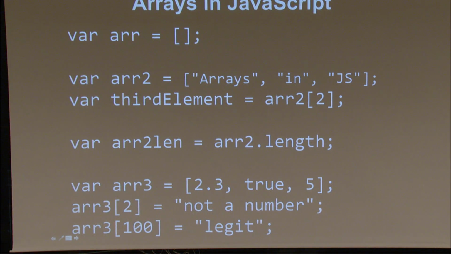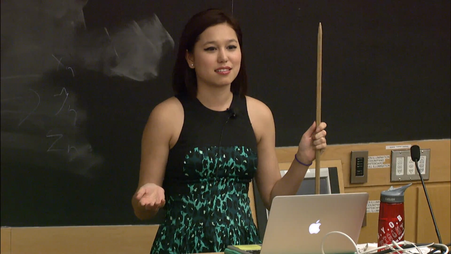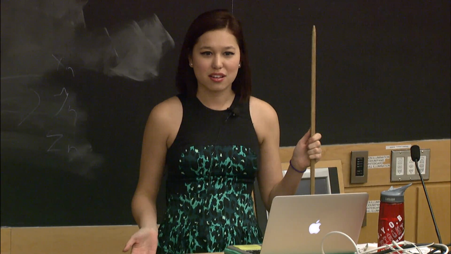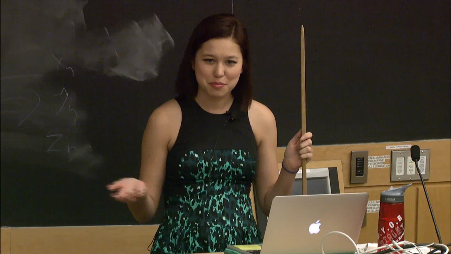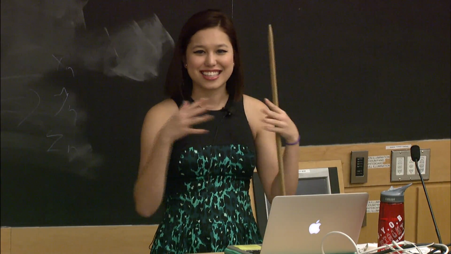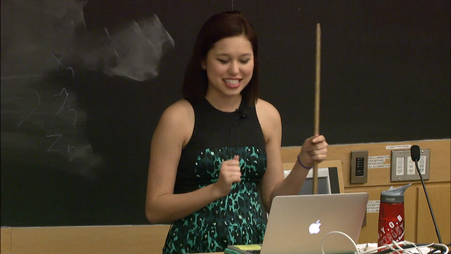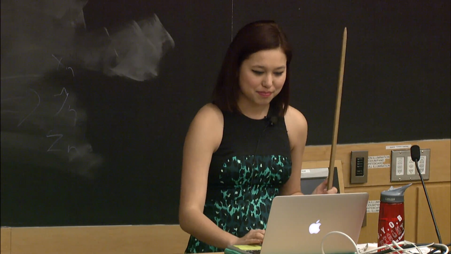Also, something to note is that our arrays, unlike C, don't have to be all of the same type. This is much more like PHP. So JavaScript is basically this interesting meld of C and PHP. We'll get into that.